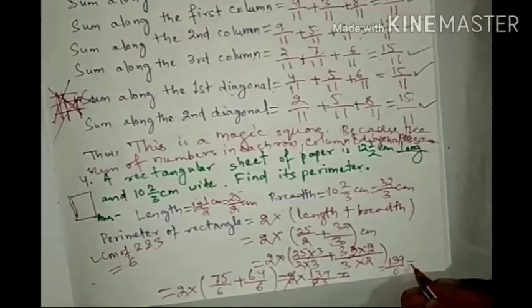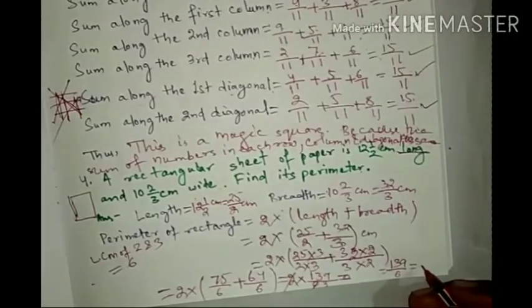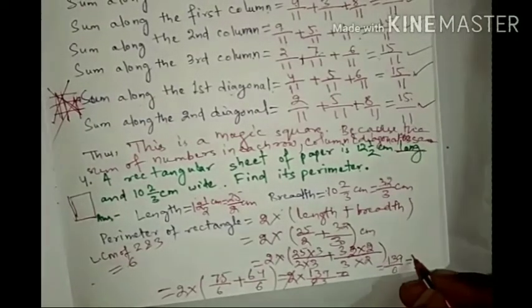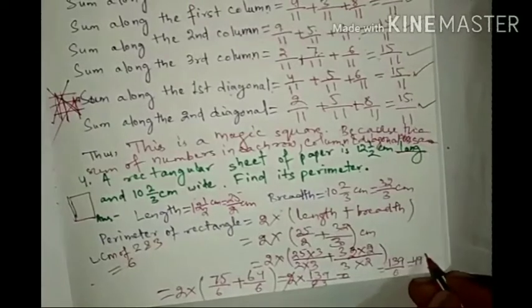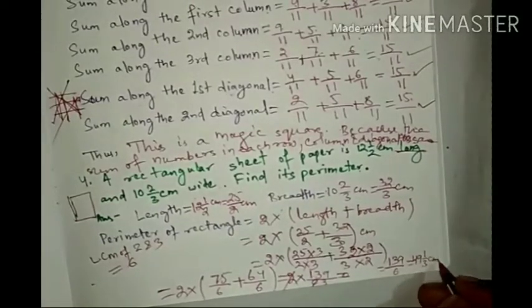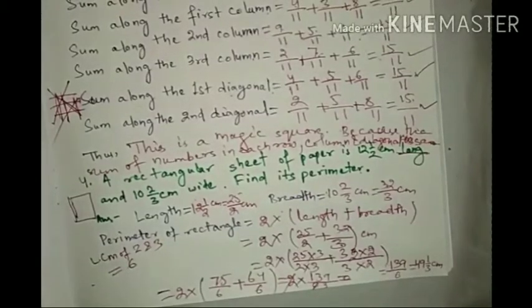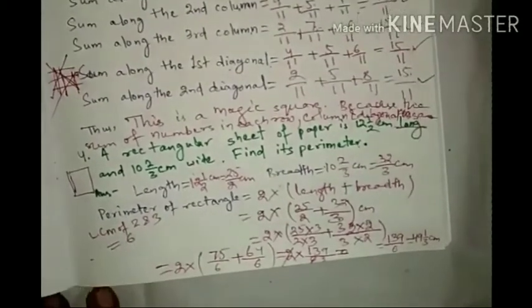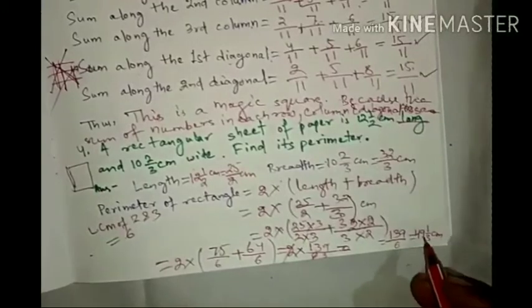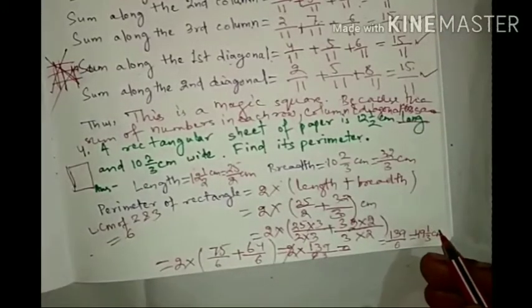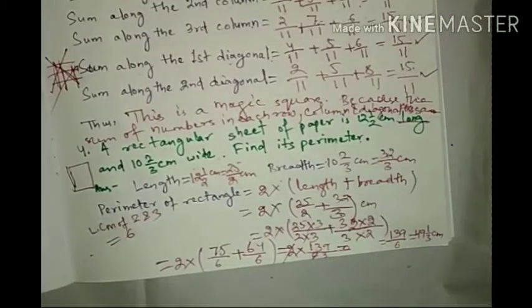We can convert it into a mixed fraction, 49 and 1 by 3 cm. So the answer is 49 and 1 by 3 cm is the perimeter.